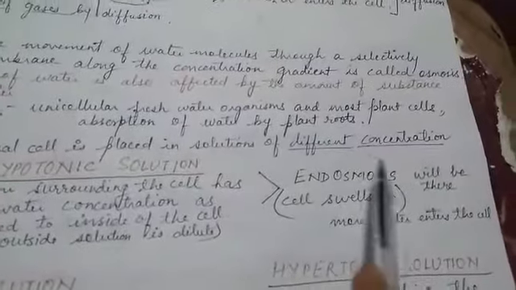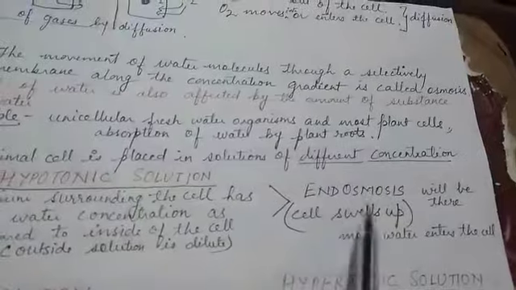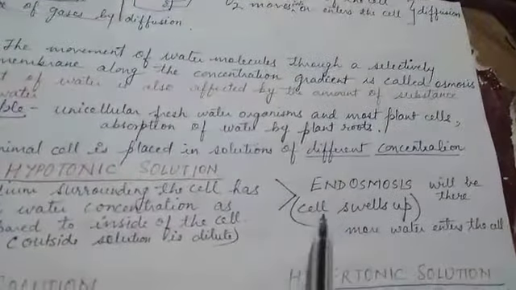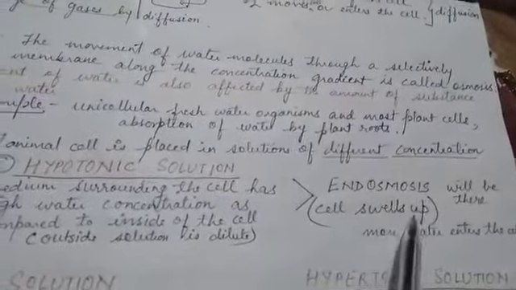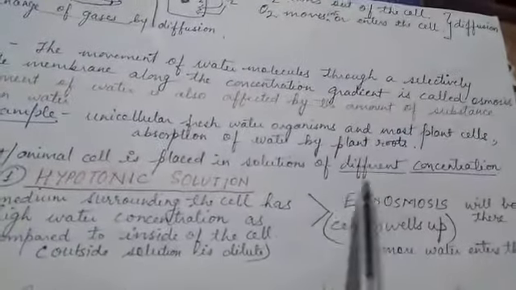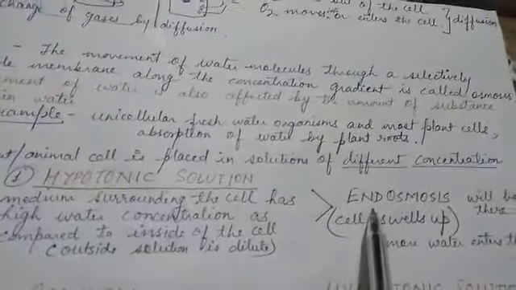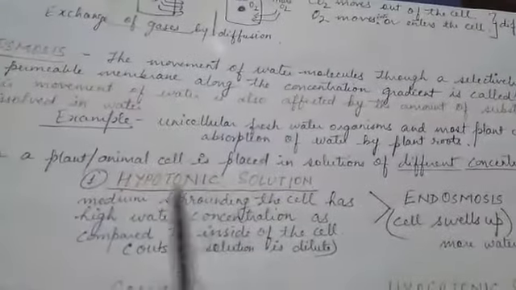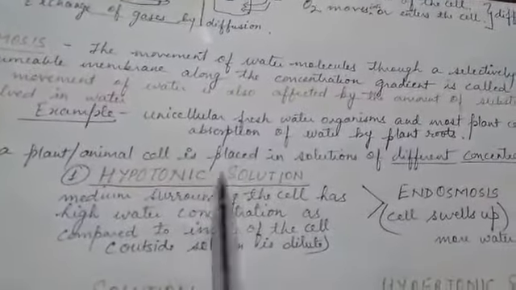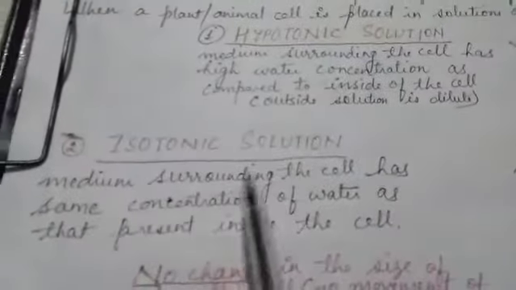This process is called endosmosis, the movement of water inside the cell. So endosmosis takes place when a plant or animal cell is placed in a hypotonic solution, a dilute solution where the concentration of water is more. Now the second type is isotonic solution.